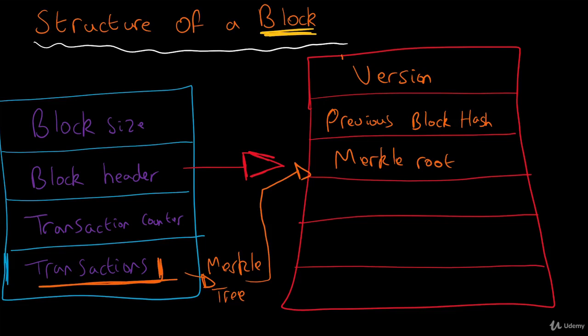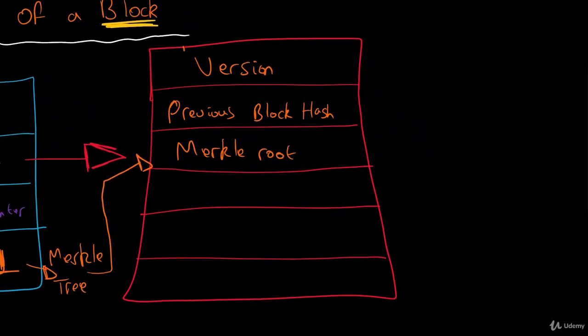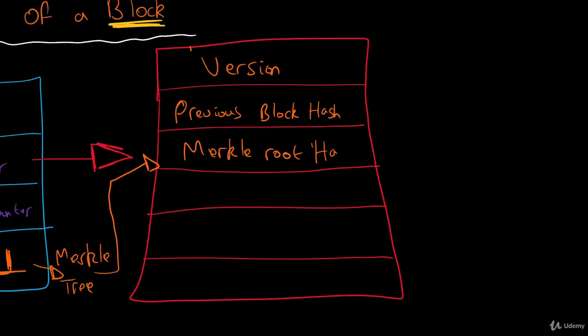If one of the transactions were to be modified, changed, removed, so any change to the overall transactions were to occur, then this Merkle tree would result in a different Merkle root hash. Really should put hash here so it's a bit more obvious that it's, well, a hash.